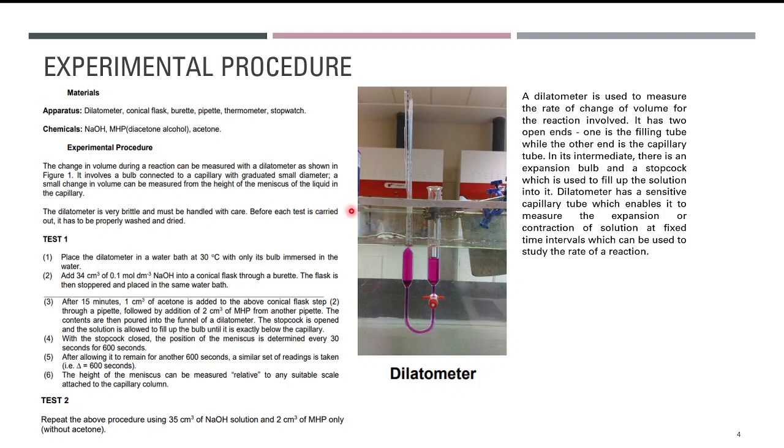Okay, and so you're going to do two experiments. Use one that adds acetone and one without. Because you're going to use the same apparatus for both, it is wise to do the one without acetone first. So actually this one should be reversed. Without acetone should be test 1, and test 2 should be with acetone, so that you don't contaminate the bulb, the dilatometer.